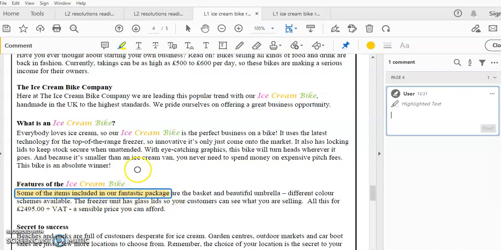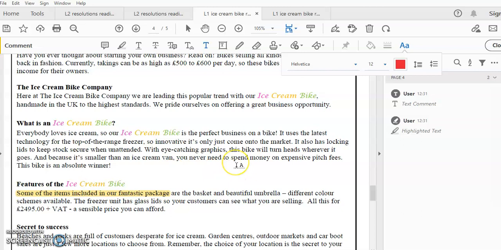Now, the thing about fact and opinion, and this is true across level 1 and level 2, is when it comes to opinion, you're looking for subjective words. If you read this entire text, it's talking about this fantastic package, everything it includes, and the price. Now, that word fantastic there is subjective. One person's idea of what is a fantastic deal is going to be different from another person's idea.